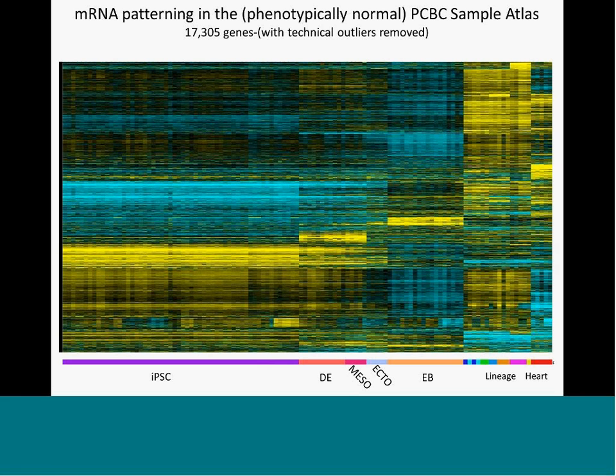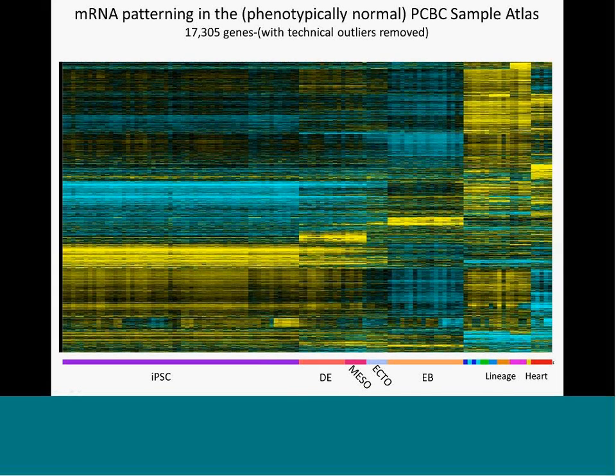So here's a map at the 17,000 gene level. And so technical outliers were removed, but all the individual forms are in here. So this is essentially without any statistics to say I really only want to see the genes that show differential expression per these differentiated types that are listed down here on the bottom.